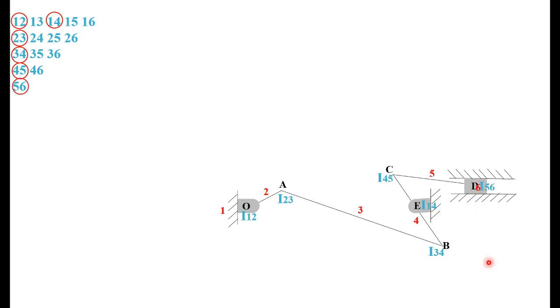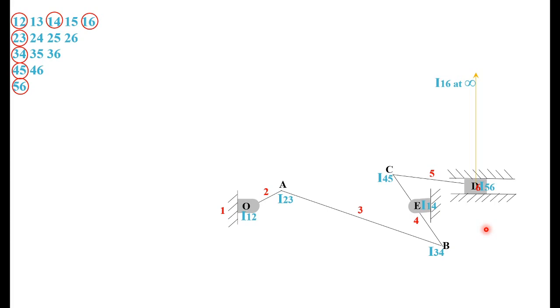Finally, the slider is represented by 6, so I16 is at infinity because it is moving in a sliding motion. A rotation can only be considered when we take the center at infinity. So you put an arrow and write I16 at infinity. These are the centers we can locate by direct inspection.